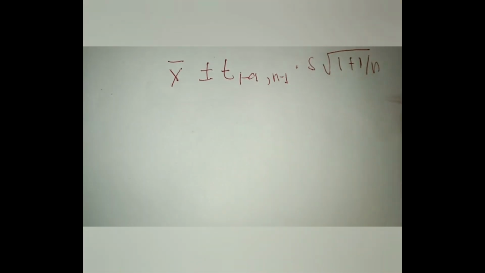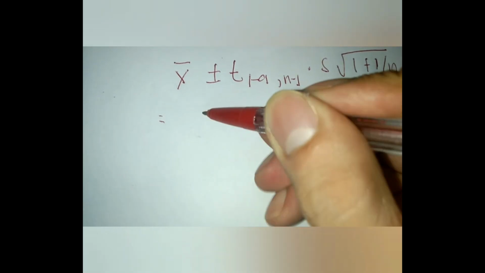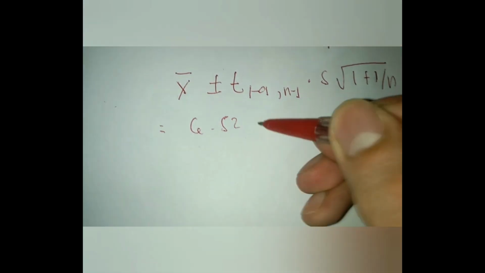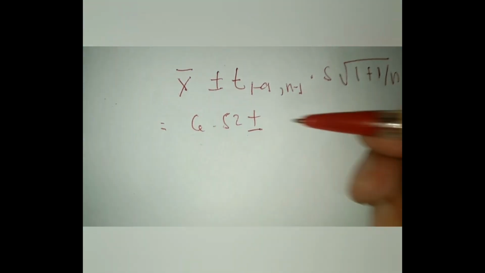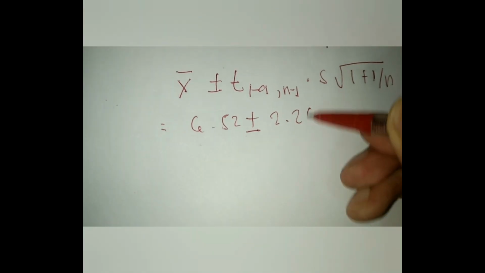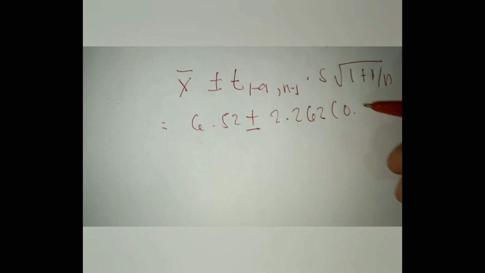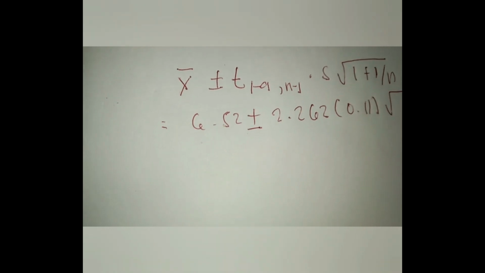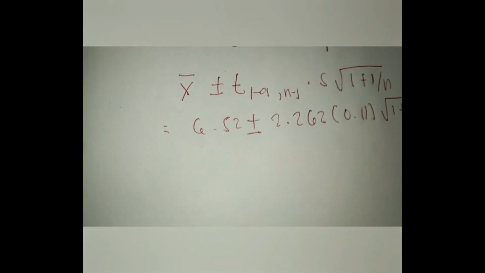The sample mean is equal to 6.52. All the data are given, so let's input it. It's equal to 6.52 plus minus 2.262 times 0.11 times the square root of 1 plus 1 over 10.